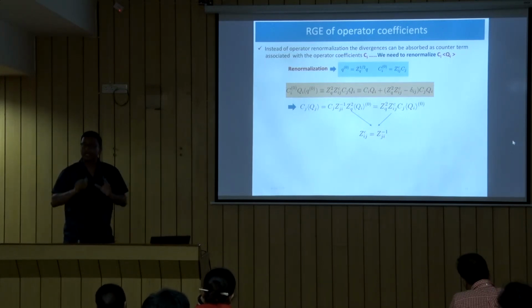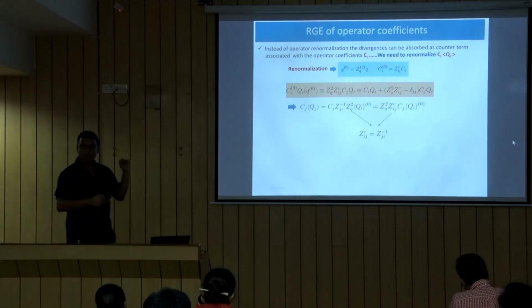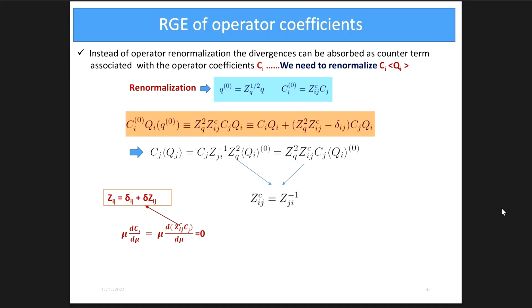Okay, so what do you need to do in order to calculate the anomalous dimension matrix? Because this thing would be associated with the anomalous dimension matrix. How? You know this equation, you are familiar with, right? Mu d by d mu of this C_i, the bare coefficient, let's say. Okay, so mu d by d mu will be 0. So that mu d by d mu C_i you can write from this.